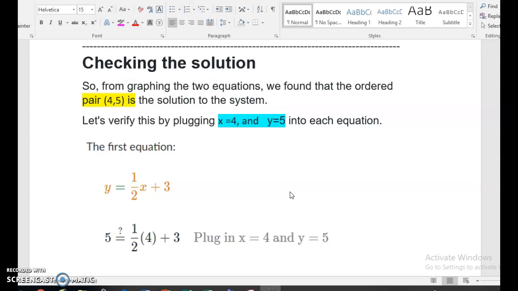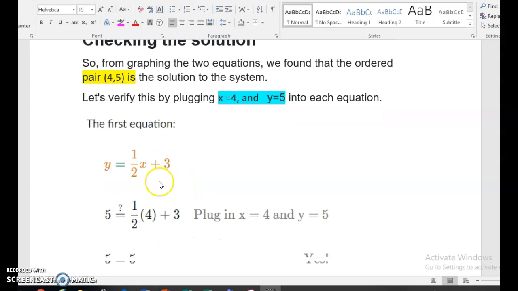How do we check? Let's use the substitution method. Okay, x equals 4, y equals 5. How do I know? x comes before y alphabetically. So you will plug into these 2 equations, with x equals 4 and y equals 5.